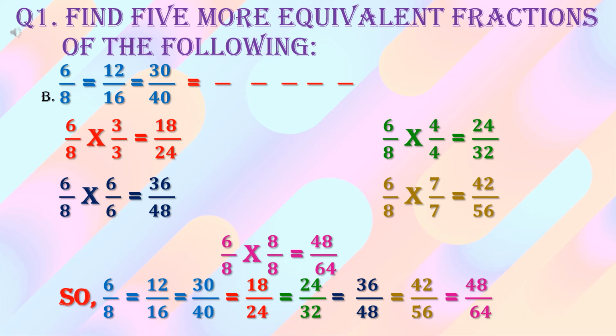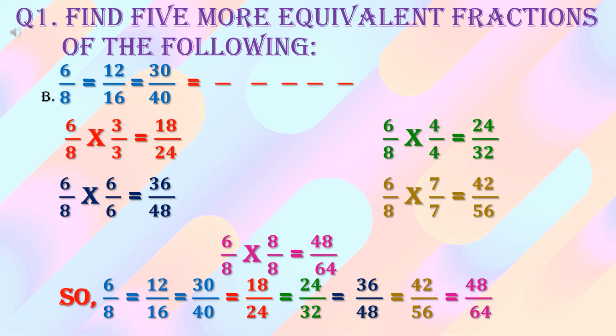So 6 multiplied by 3 is 18 and 8 multiplied by 3 is 24. So that means we have got 18 as numerator and 24 as denominator, and the fraction is 18 upon 24, which is equivalent to 6 upon 8. Now next we will multiply 6 upon 8 by 4.